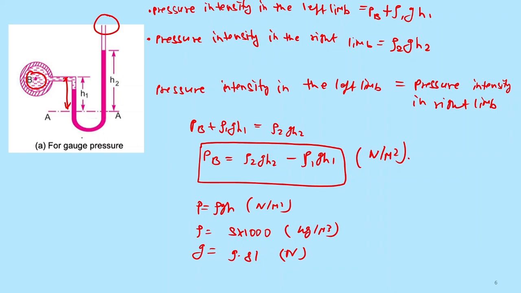So this is the final formula for the simple U-tube manometer at gauge pressure.